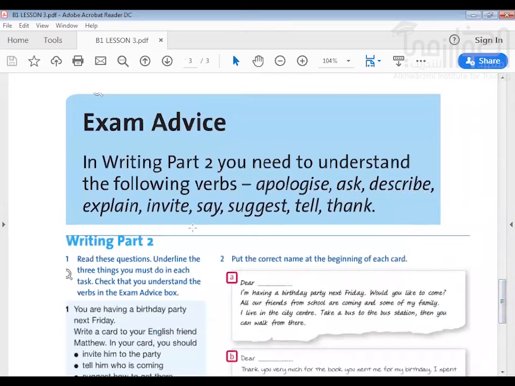This is asking the question, and then explain. Invite. When you invite someone to come to your house to have dinner with you, invite. And then say, and then suggest, to suggest something, and then tell, and then to thank. You must understand these words because you use them in the writing part too.